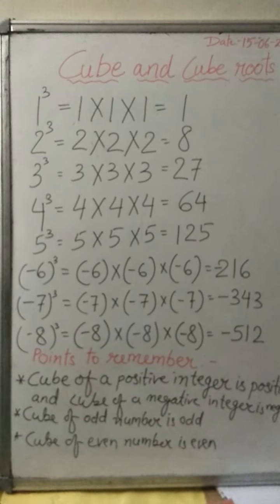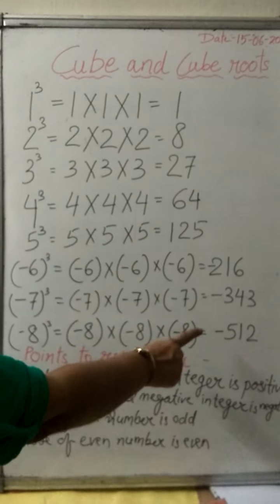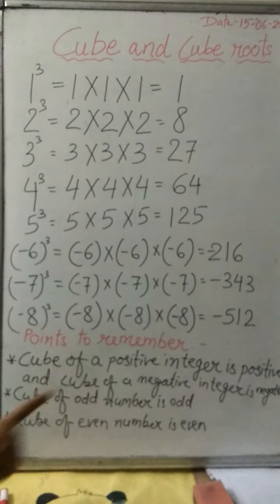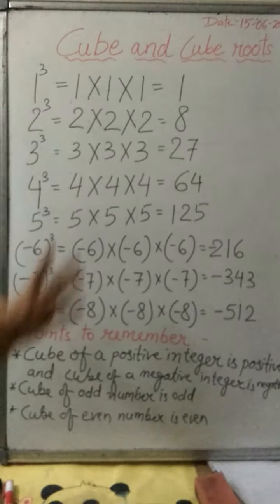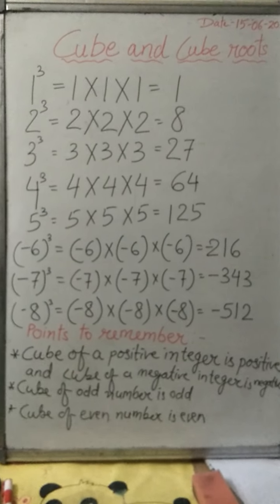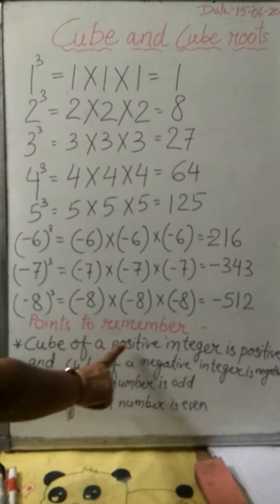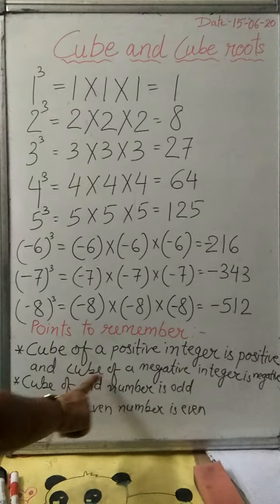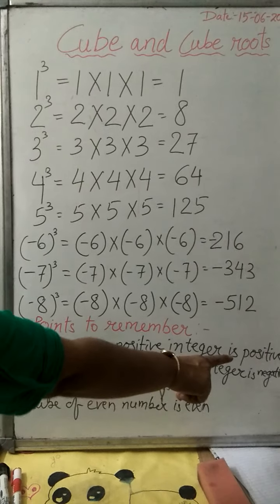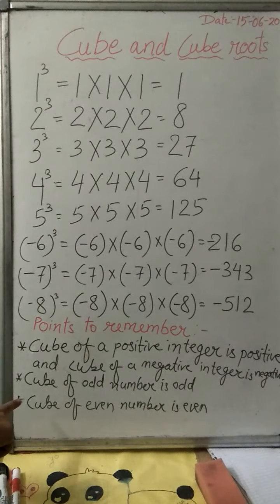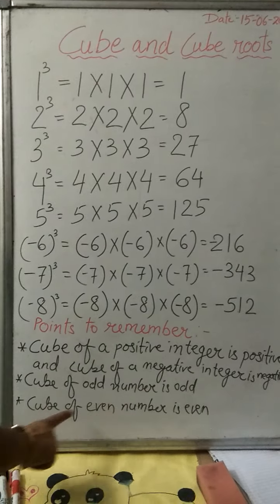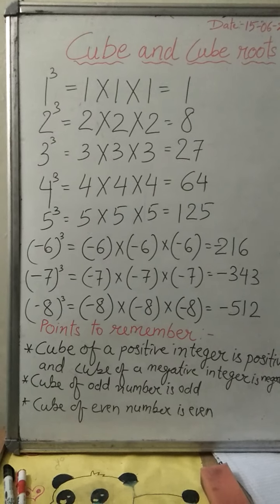So from these examples, we have concluded that the cube of a positive integer is positive and the cube of a negative integer is negative. Second, the cube of an odd number is odd and the cube of an even number is even.